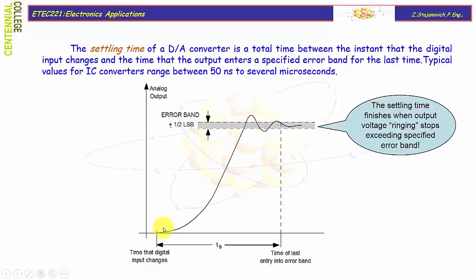1111, the output voltage will rise, and it will take some time, Ts, which we call the settling time, to reach a more or less stable value.